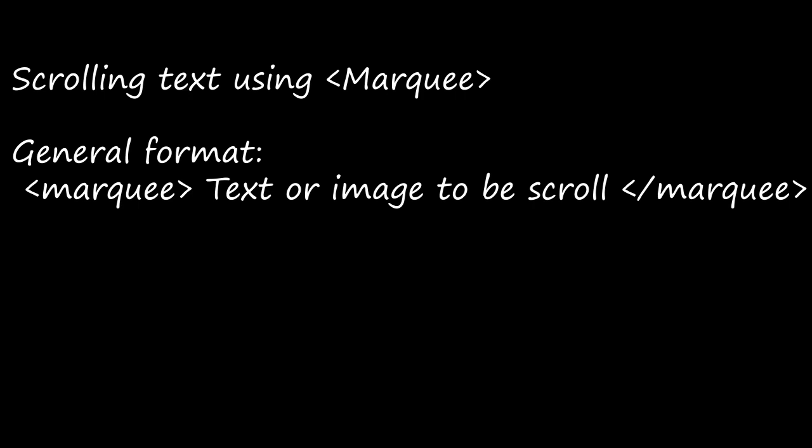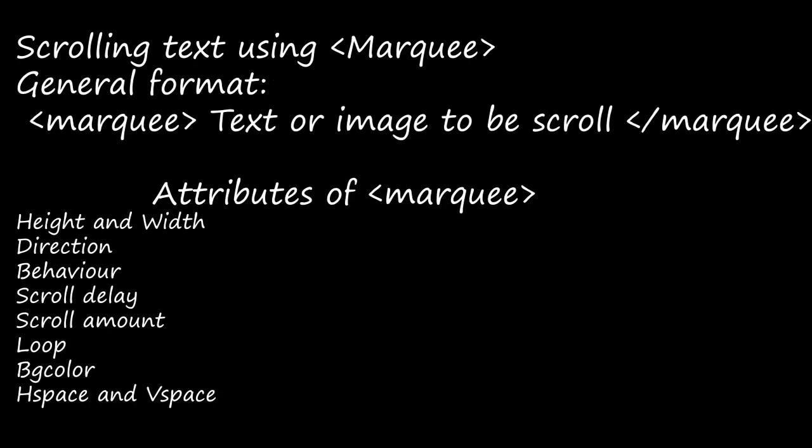The marquee tag is the opening tag and slash marquee is the closing tag for marquee. The attributes of marquee are height and width, direction, behavior, scroll delay, scroll amount, loop, bg color, h space and v space, right? When you come to school, I'll show you on a system. If you have a computer at home, you just try it.